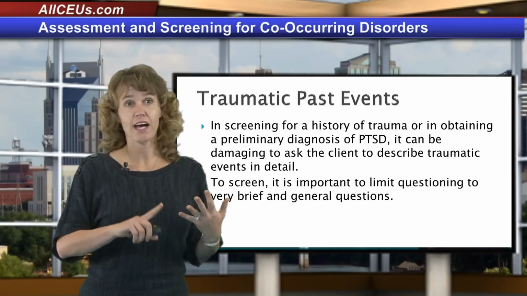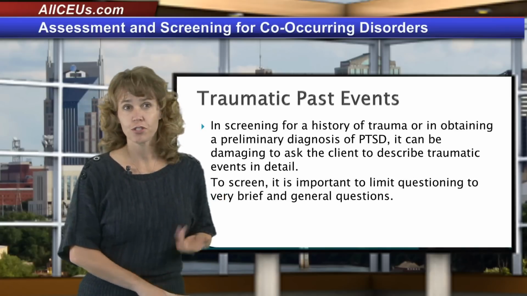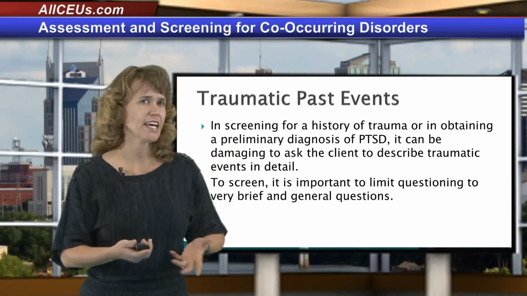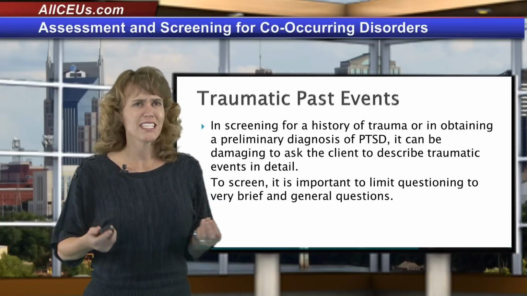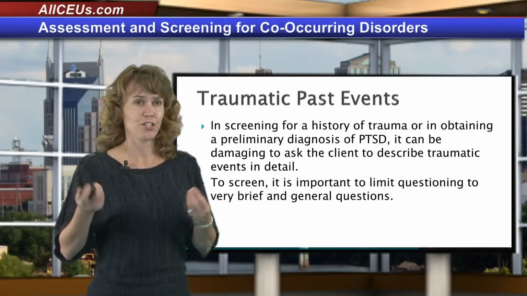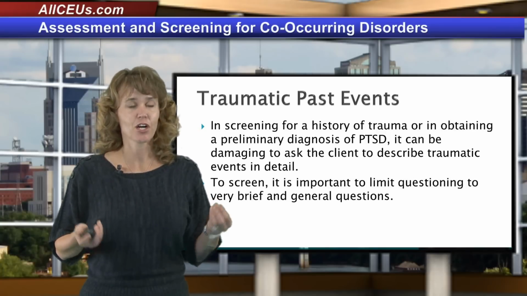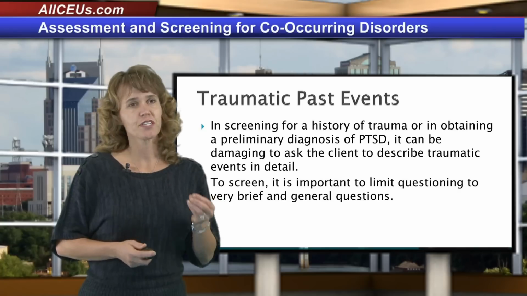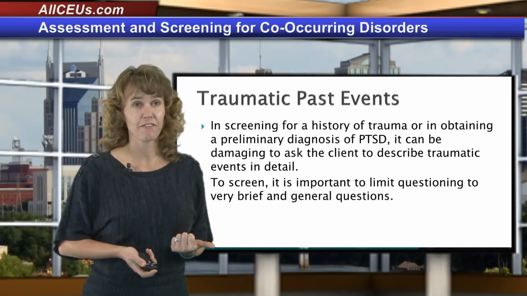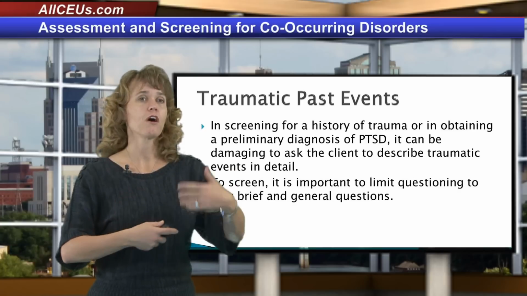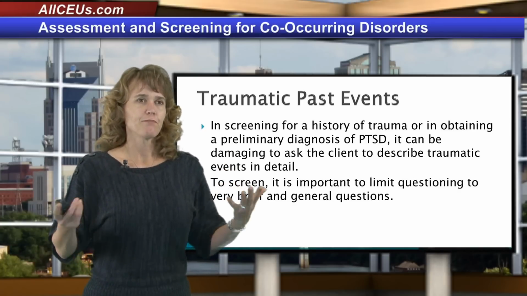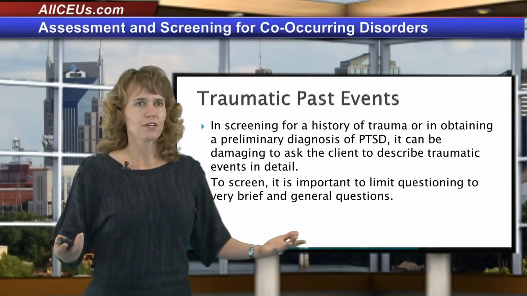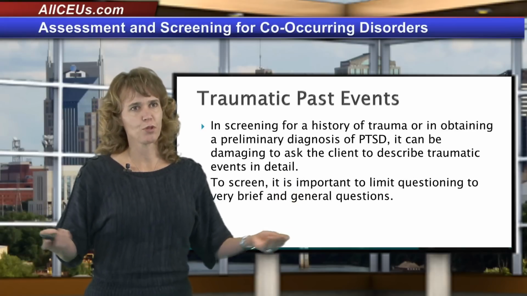If they're having flashbacks, if they're having emotional numbing, those sorts of things, to get an idea about whether PTSD may exist. But the details, whether you're curious or not, is irrelevant. They're unimportant right now. As long as you can establish that the person is safe and you can refer on to a point where they can build up their defenses and build up their support to a point where they can start exploring that stuff.